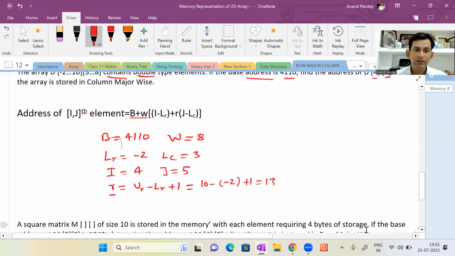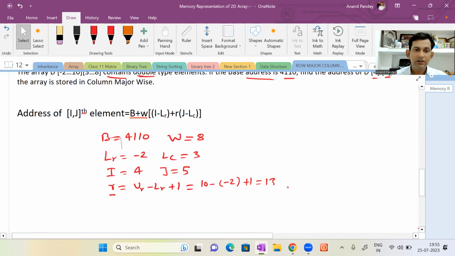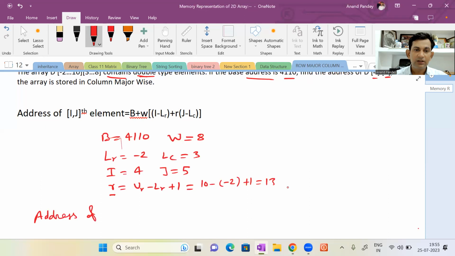So here the address will be what? Put in the formula. Like this you can write address of D4, 5th element. It's a proper way to solve the question.